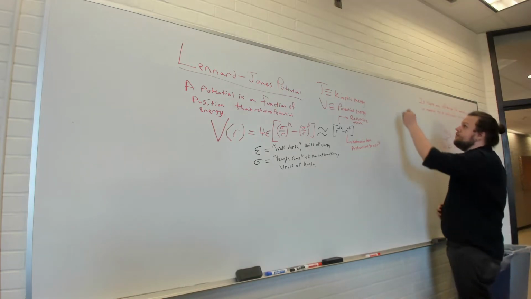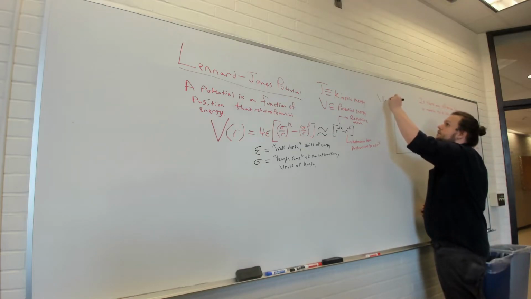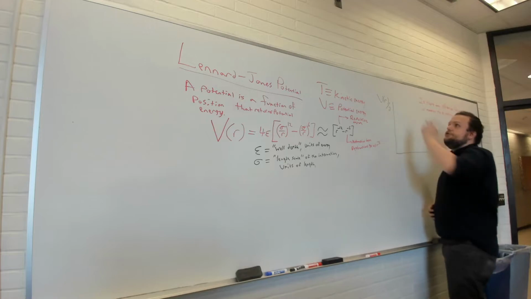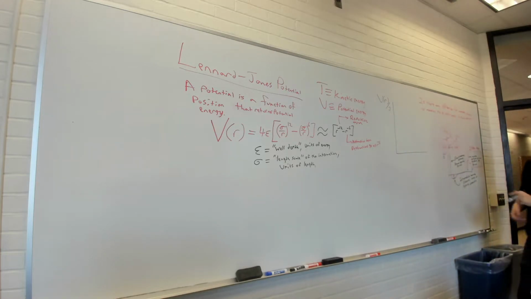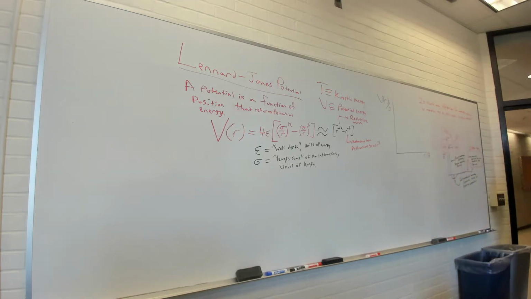So again, this is a function of potential energy, say in joules, versus radius, let's just say in angstroms, 10 to the minus 10 meters. An angstrom is a good atomic unit of length.